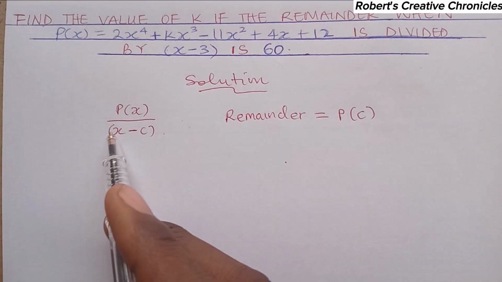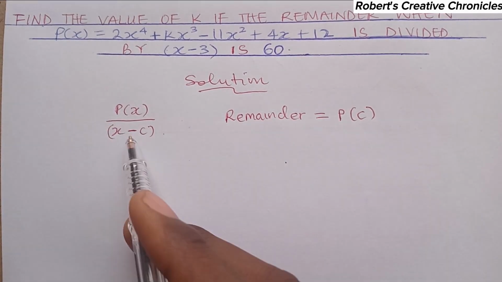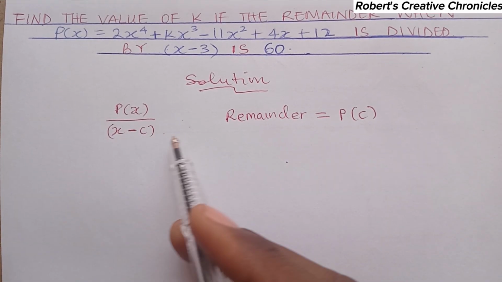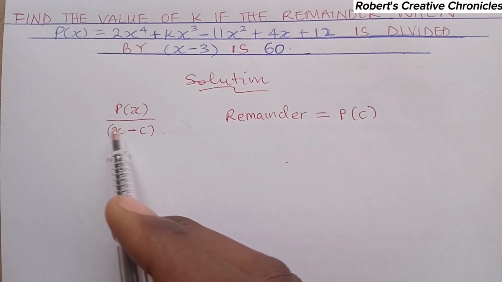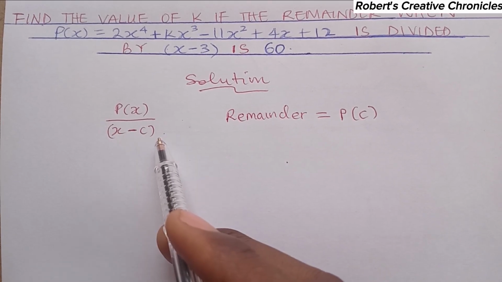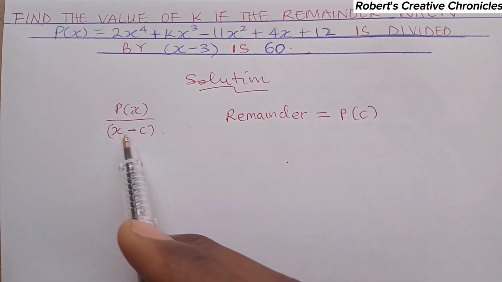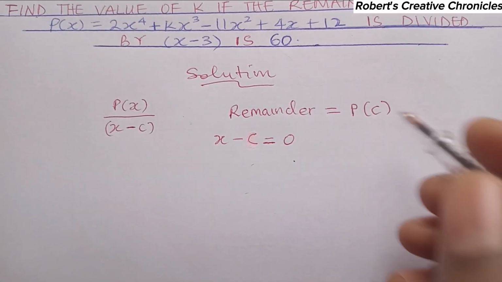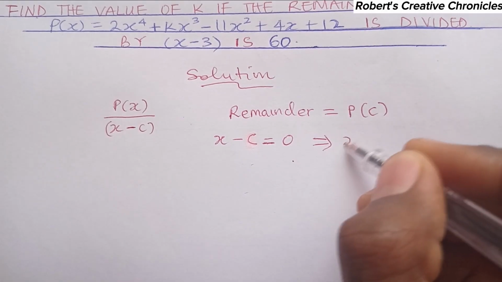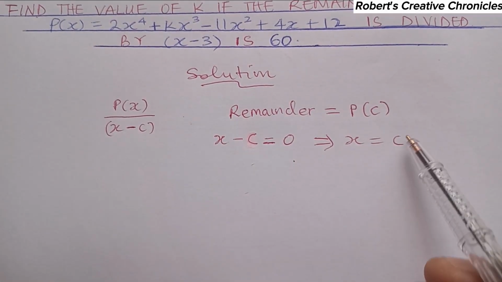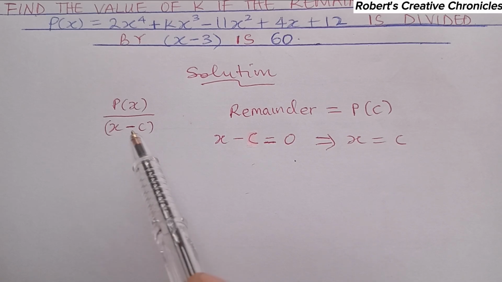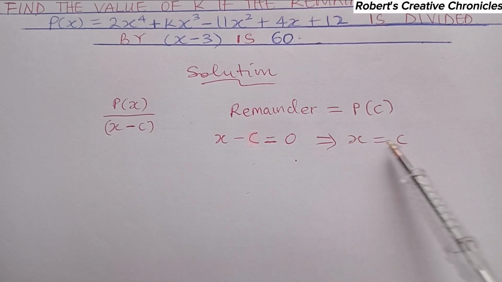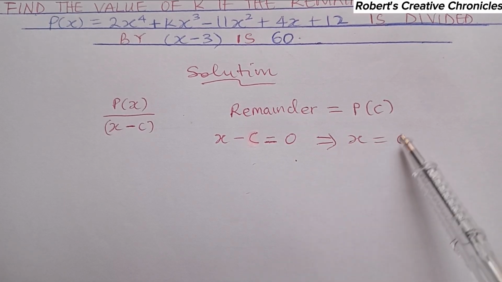That is, when you equate the divisor to 0, you get a value for x. So, x minus c equals 0, then x is equal to c. You have to equate the divisor, which is always a linear equation, to 0, and what you get as your x is c.